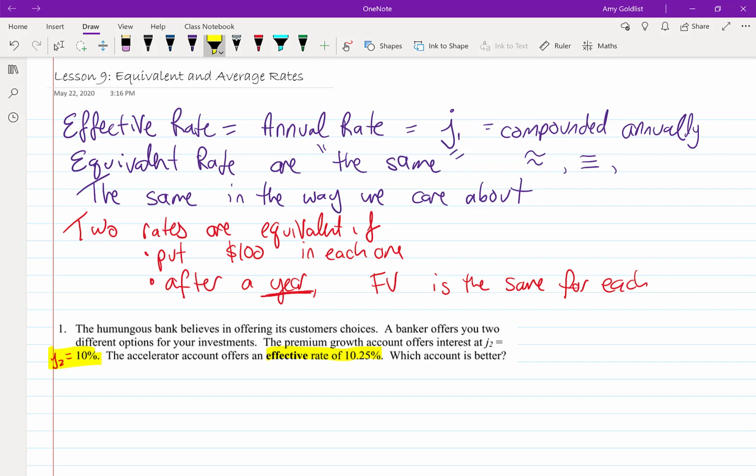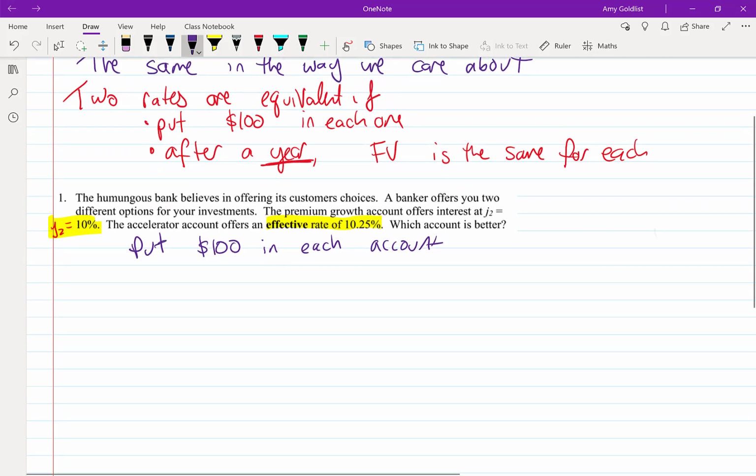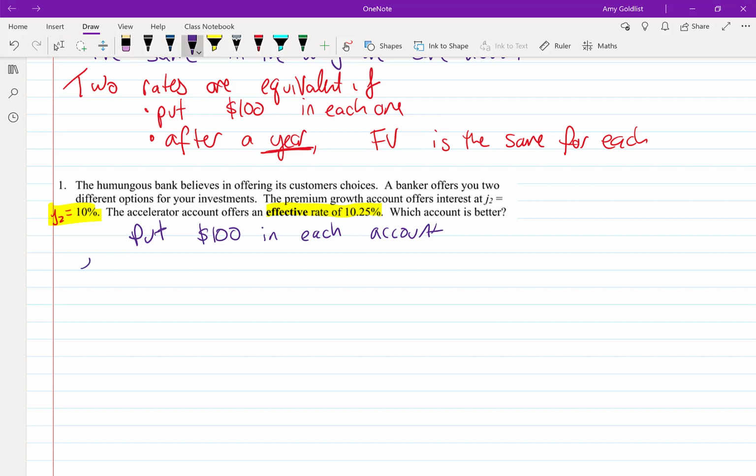What should we choose? Well, what we're going to do is invest $100 in each, just like we said before. And you could put any amount here. I just find 100 really useful, and we're going to see that. Most of the reason is because 100 makes the math easy. So in each account, let's start with J_2 equals 10%.